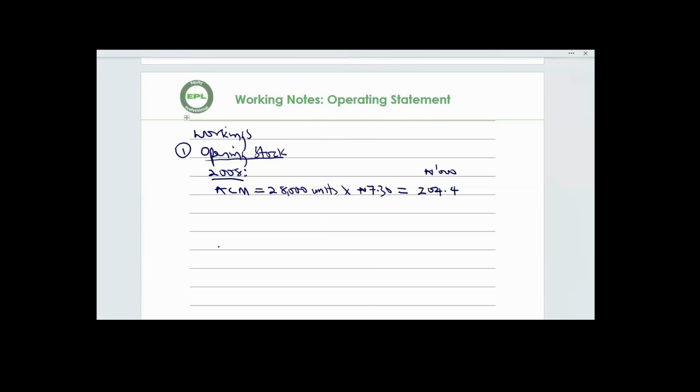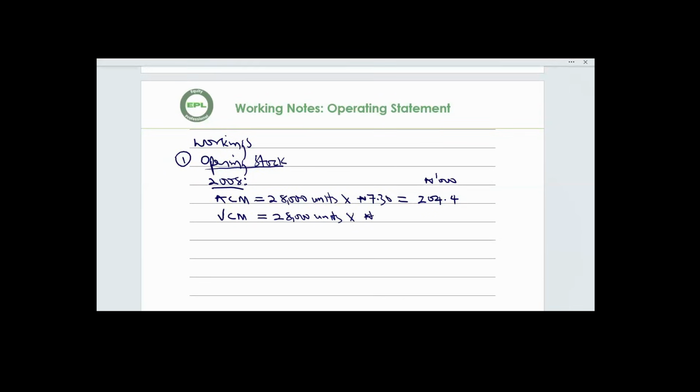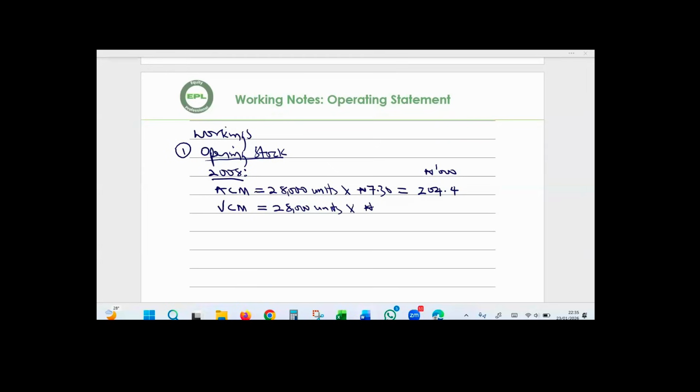Then opening stock under the marginal costing, sorry, the examiner uses variable, so you have to use what the examiner uses. Variable costing method: 28,000 units multiplied by the total variable cost per unit. That is 1 naira 60 kobo plus 1 naira 5 kobo, plus 1 naira 50 kobo plus 1 naira 20 kobo, which gives 4 naira 30 kobo.